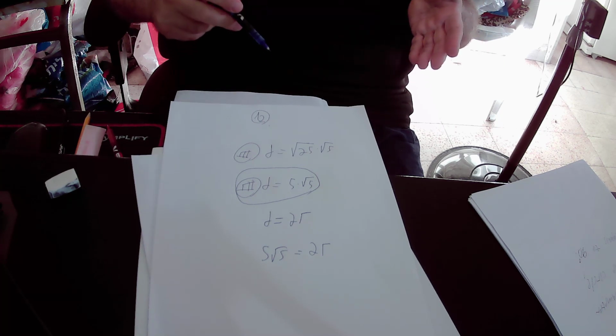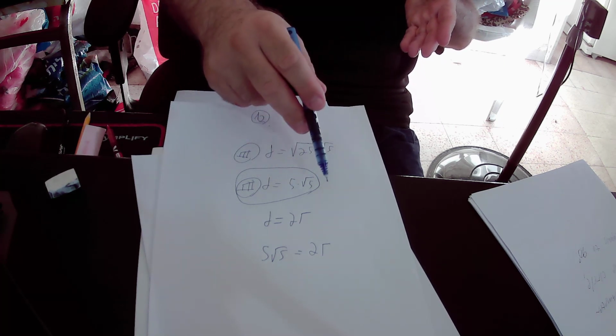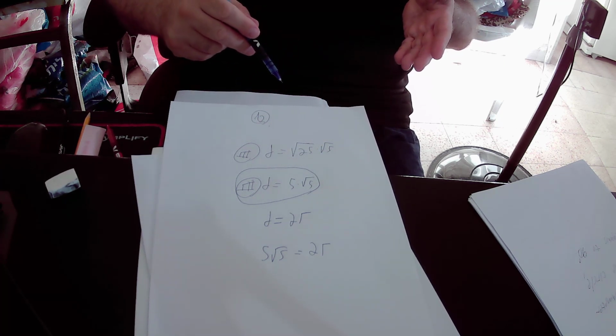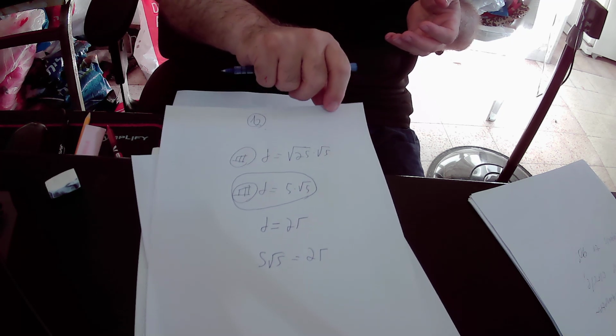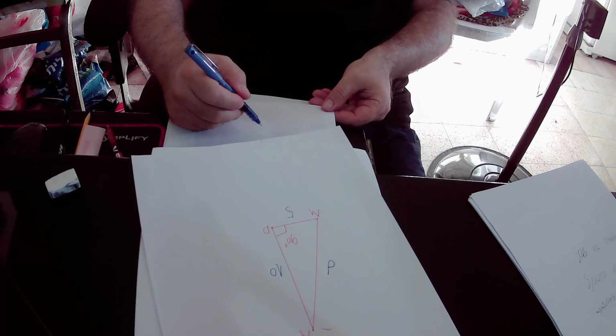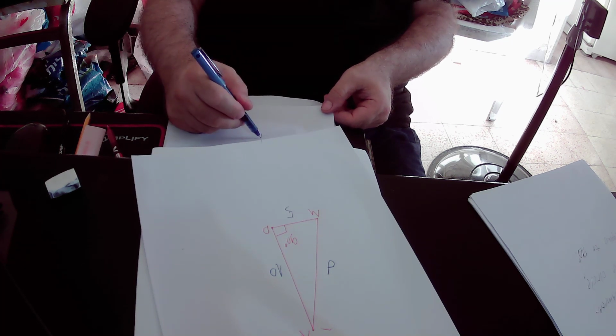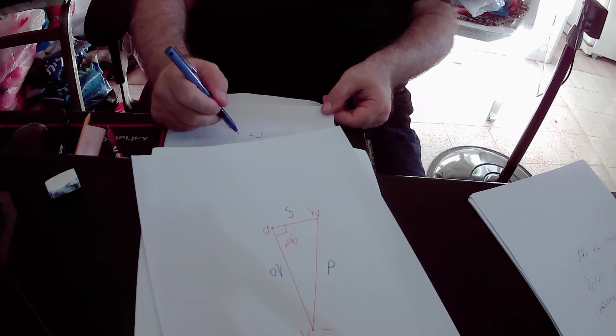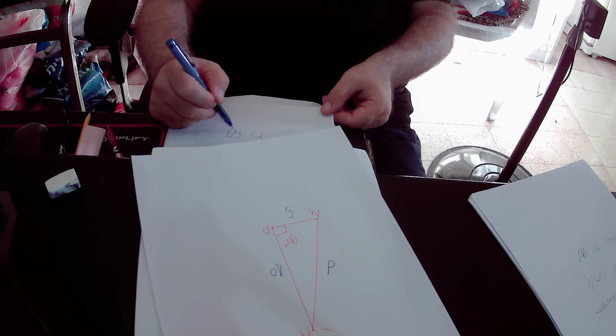Now we will divide the equation by 2 in order to find out the radius of the circle. So we'll get that the radius of the circle will be equal to 5 times root 5 over 2.